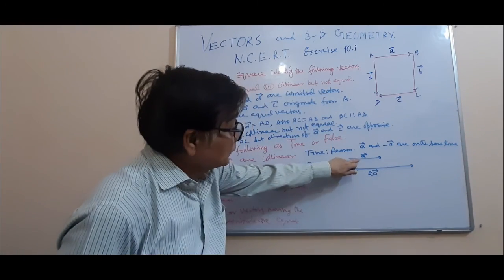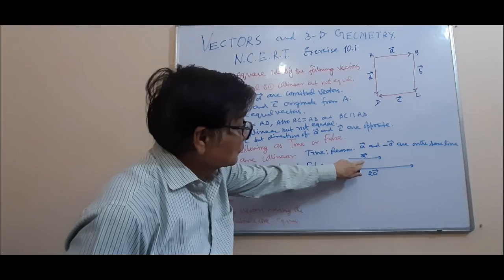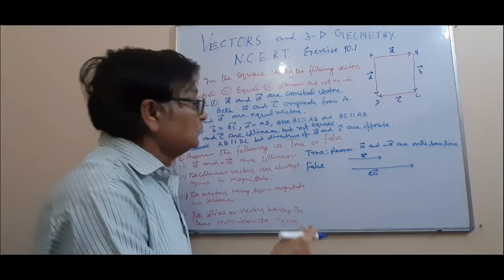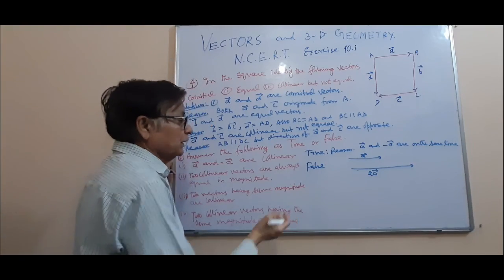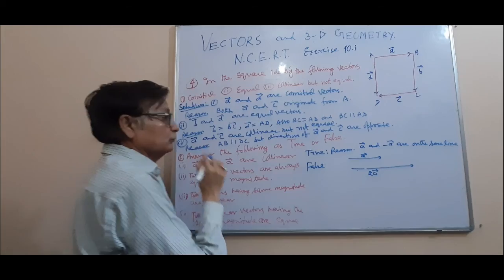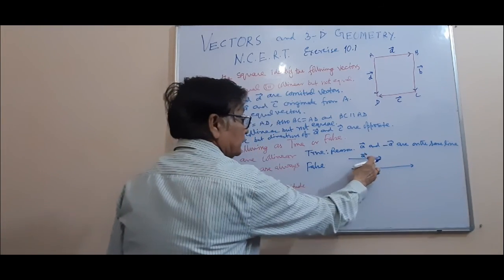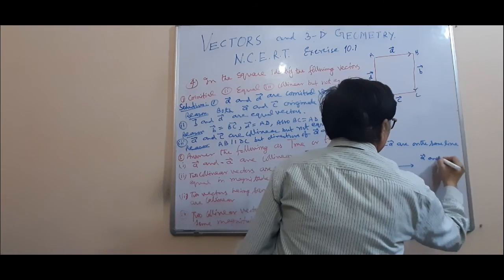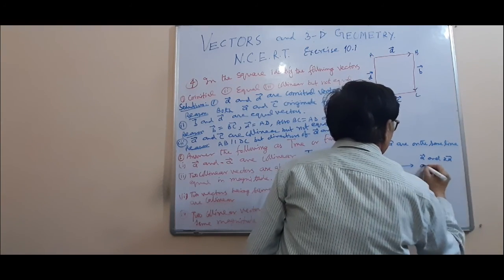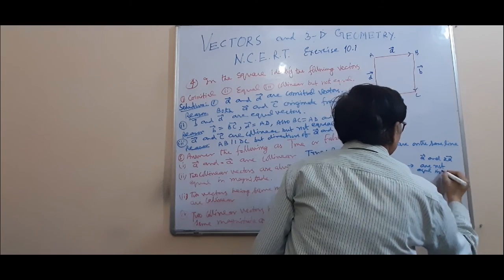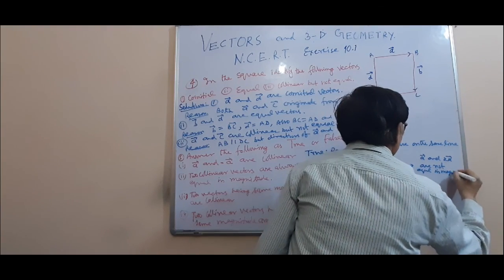So you see they are two different vectors. They are collinear because they are on the same line, parallel to each other, but they are not equal in magnitude. False. Vector a and vector 2a are not equal in magnitude.